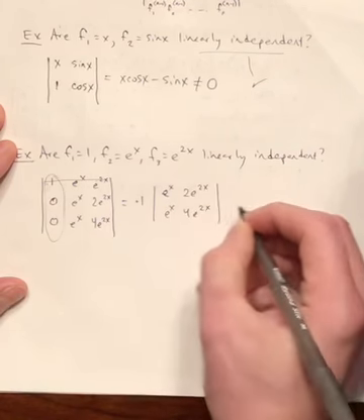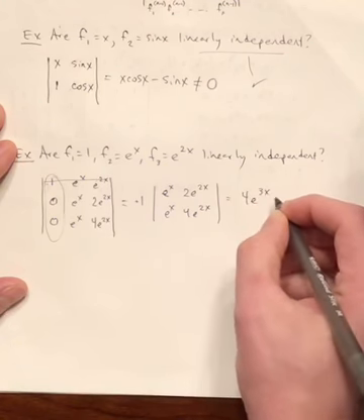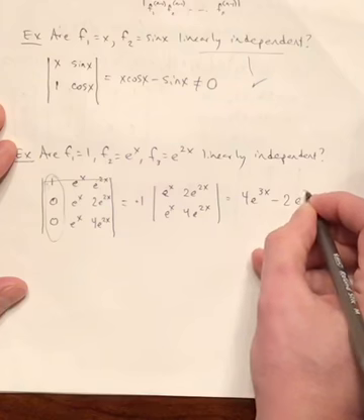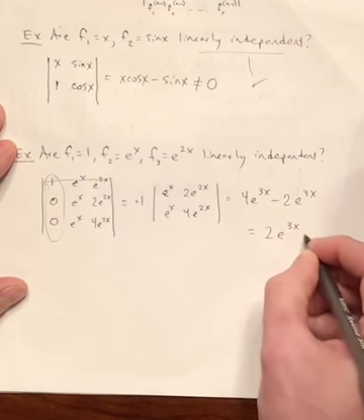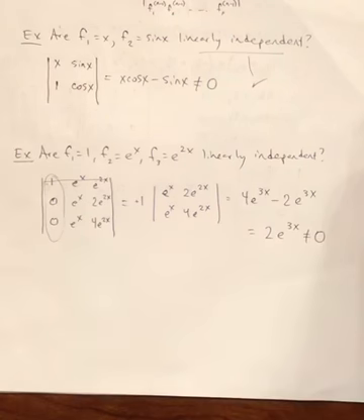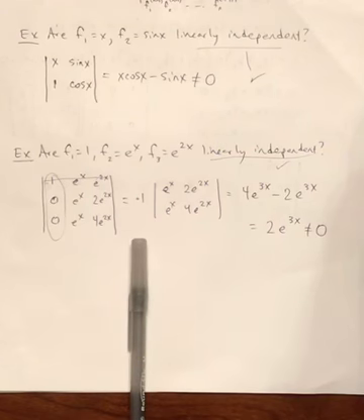So when I compute this, I get 4e to the 3x minus 2e to the 3x. And that's equal to 2e to the 3x, which of course is not the zero function. So therefore, the set is linearly independent. Hopefully that makes sense. If you have any questions, let me know.